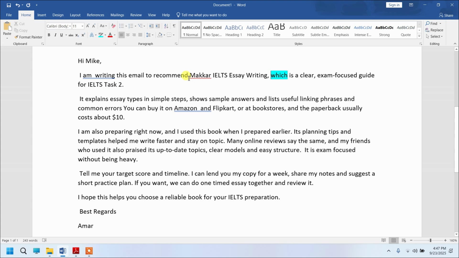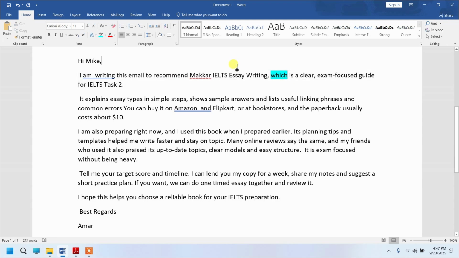Why? Because there is a dependent clause and an independent clause. What is the dependent clause? It is your relative clause, which. So this sentence is a complex sentence.